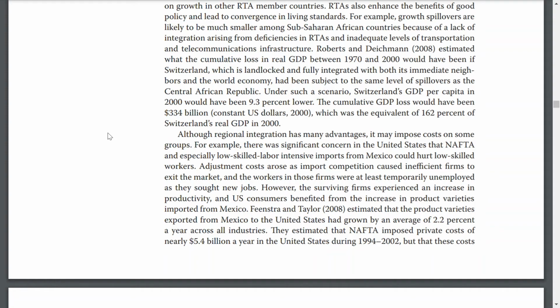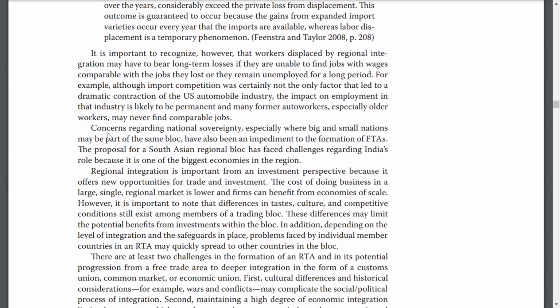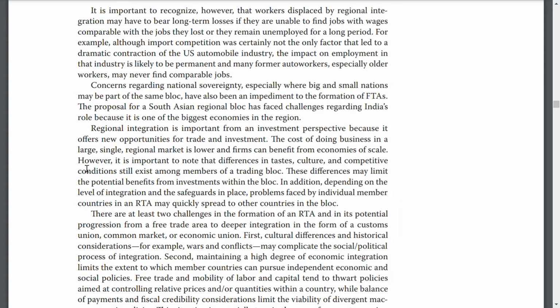It is important to recognize, however, that workers displaced by regional integration may have to bear long-term losses if they are unable to find jobs and wages comparable with the jobs they lost, or if they remain unemployed for long periods of time. For example, although import competition was certainly not the only factor that led to a dramatic contraction in the U.S. automobile industry, the impact on employment in the industry was likely permanent, and many former auto workers, especially older workers, could never find a comparable job.